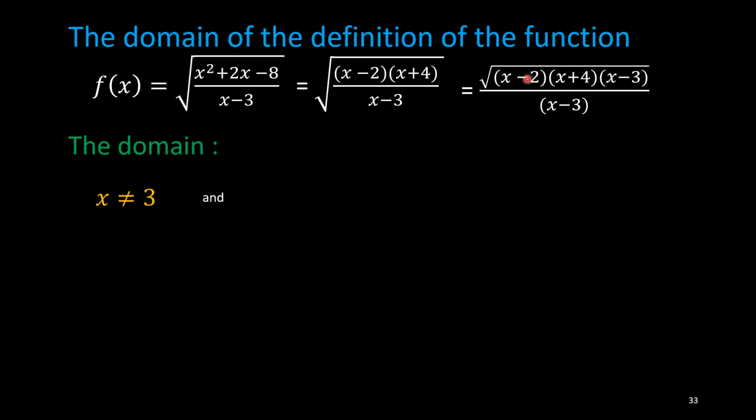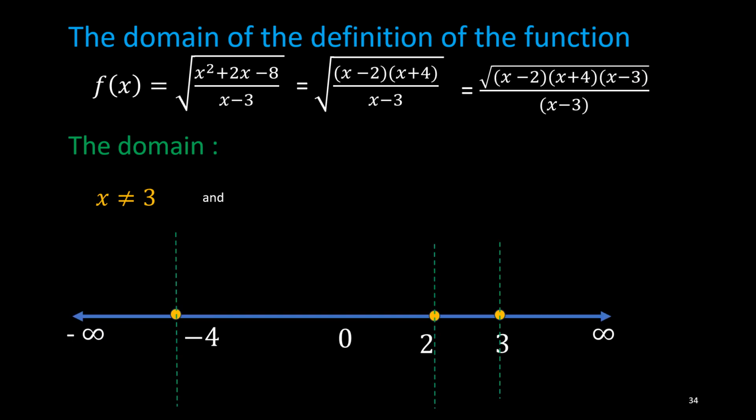So we need to consider when this product will be positive or 0. That I have already discussed, but again we will repeat the same concept. You can see, I will make it 0 first. What are the solutions? x equal to 2, x equal to minus 4, x equal to 3.